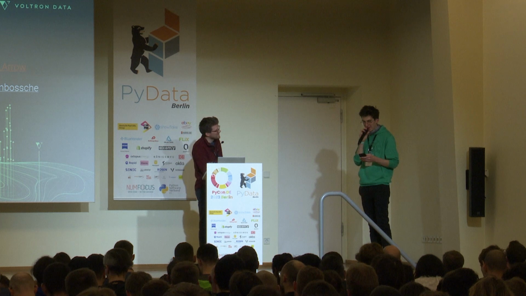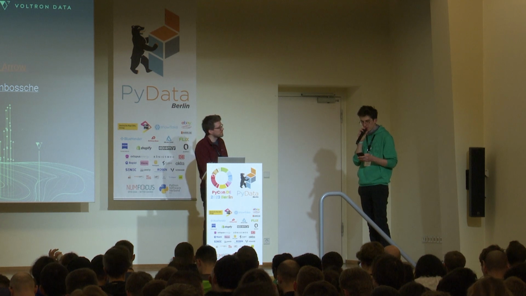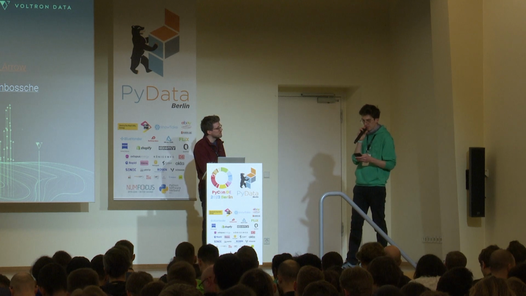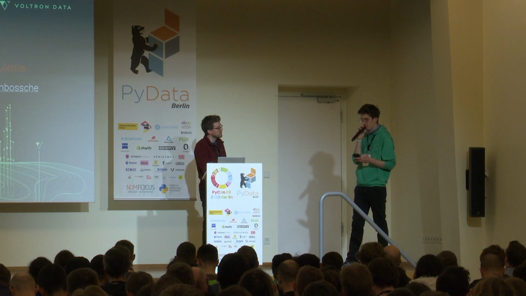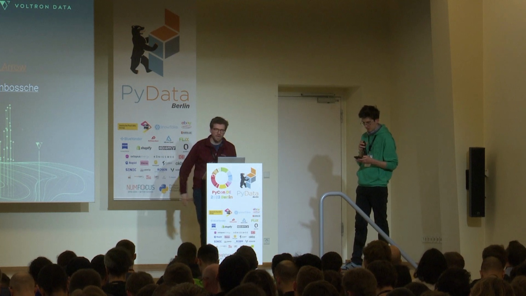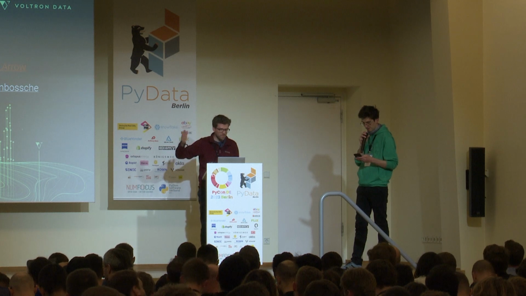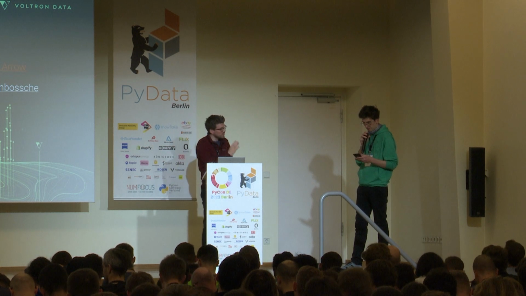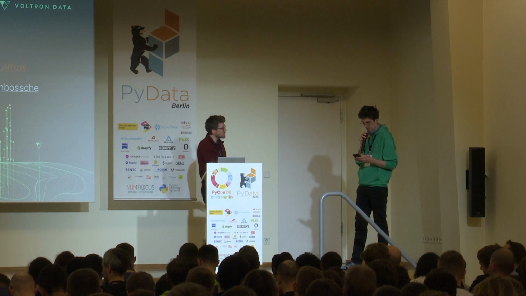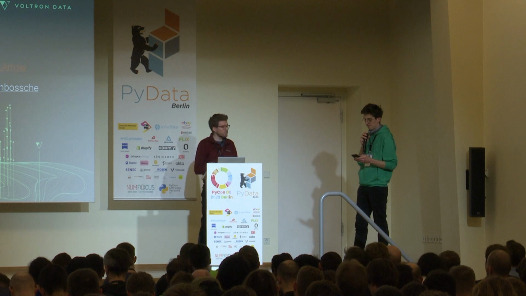Sure. The next question is, when I use pandas or Spark, does it automatically use Arrow in the background, or do I need to enable this somehow? For Spark, I'm not super aware. I know that it depends on the version and that they are moving to columnar data in more recent versions, but I don't know the details there. For pandas, it's currently something optional. We don't use it by default.